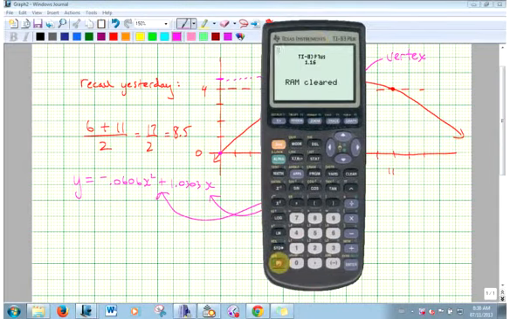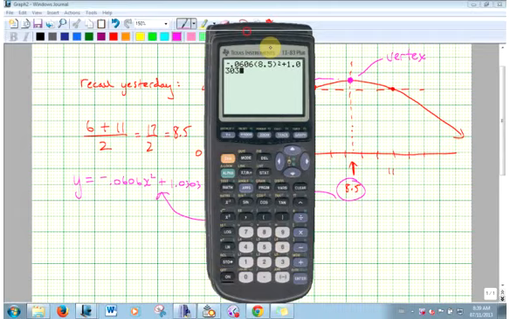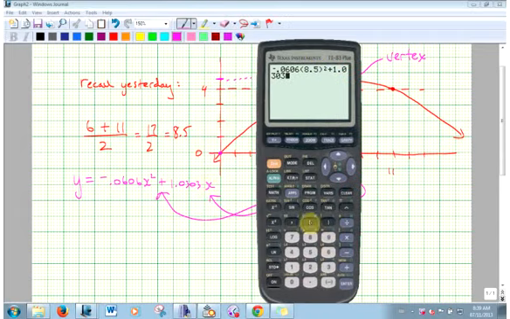Can you use your graphing calculator? Sure. Okay. What is negative 0.0606 times 8.5 squared plus 1.0303 times x, where x is 8.5?